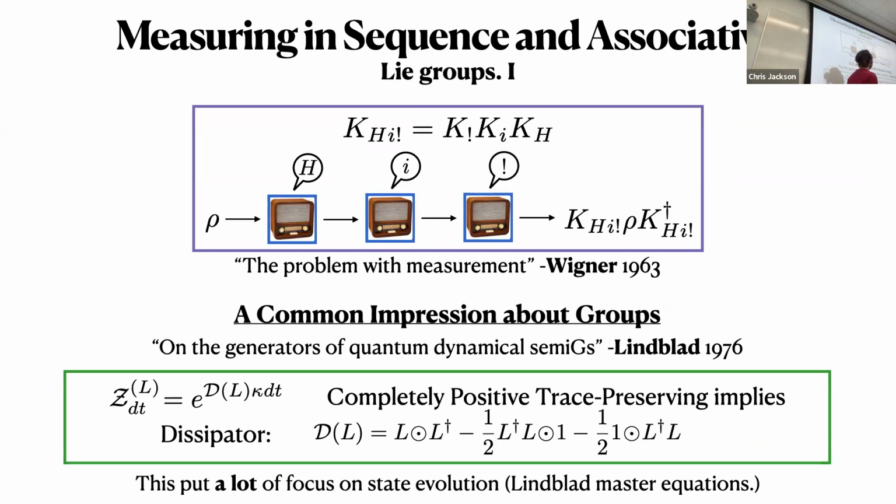You really should have a more general idea of what it means to do measurements in succession, and the von Neumann idea of measurement just doesn't know what this is: to take the output of a partially measured system and measure it some more in a different way, and so on. That needs to be understood.